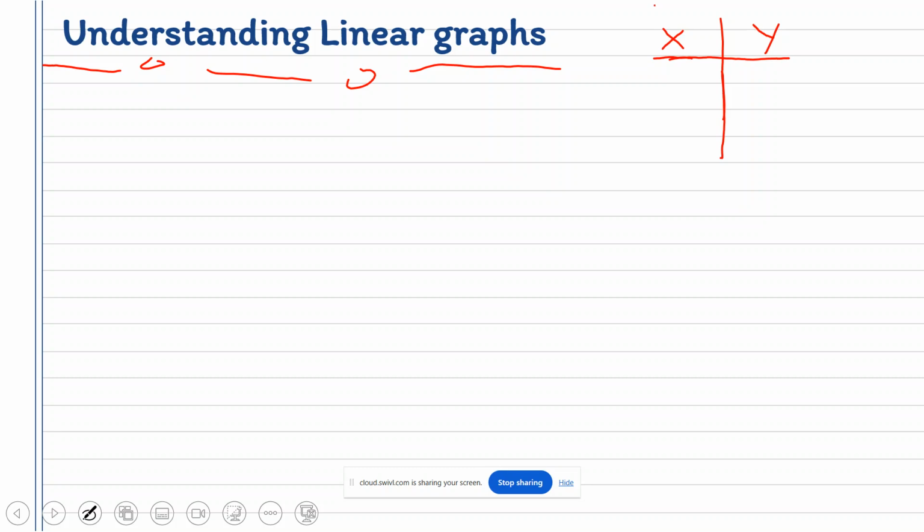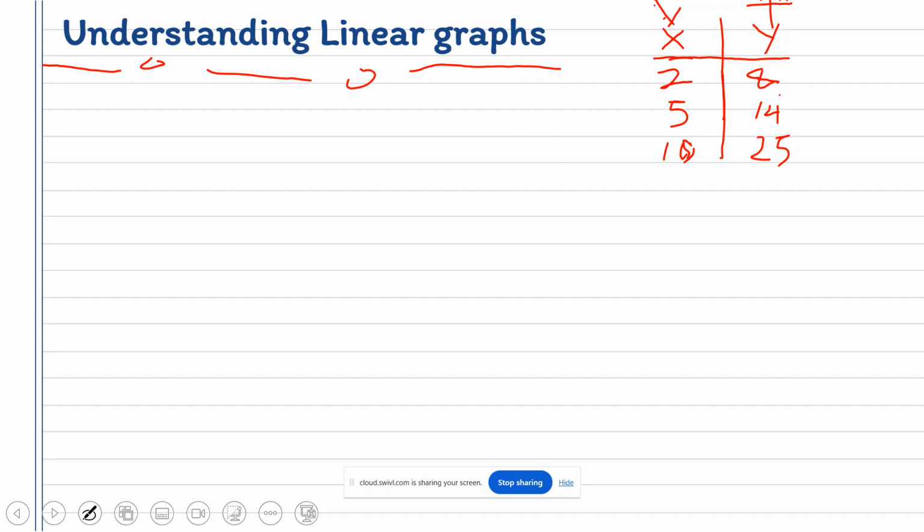Maybe the X stands for volume, and Y stands for temperature, T. Let's say we have 2 here and we have 8 here, then we have 5 here, then we have 14 here, then we have 10 here, then we have 25. I'm just giving you an example. Let's say these are the values.